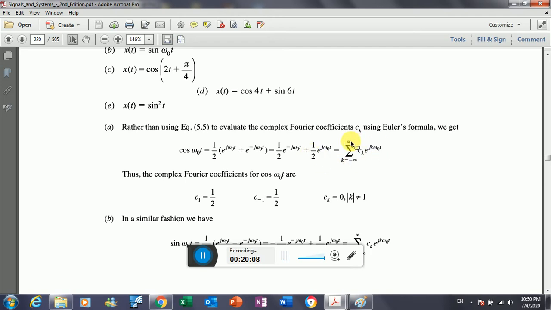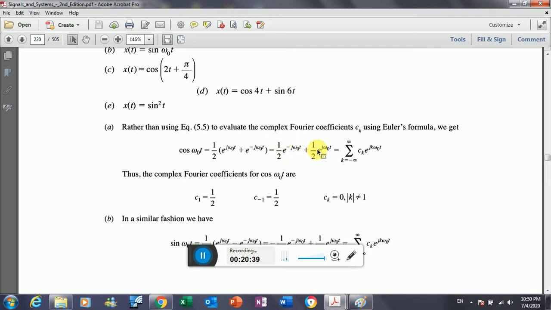So if we compare this equation with this equation, we can see that here value of k is 1, here value of k is minus 1, right? Here value of k is 1, in this term the value of k is minus 1, right?